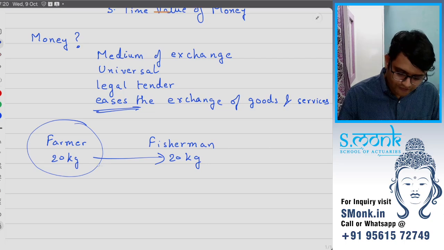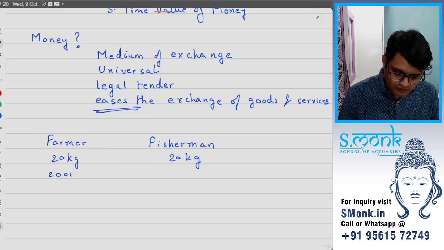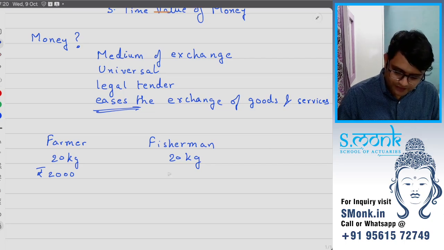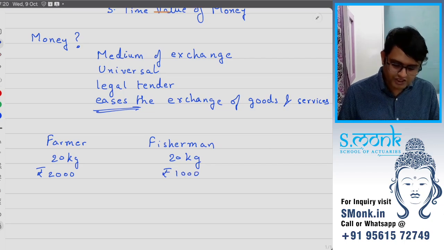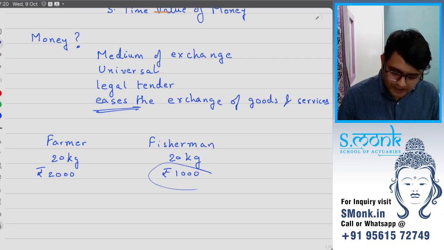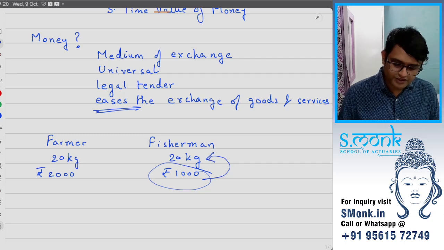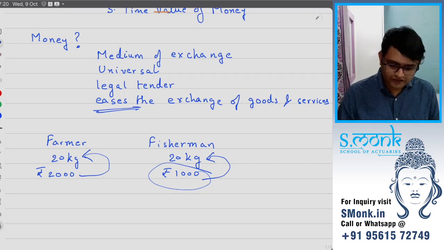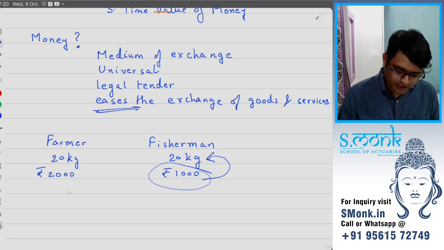So it is better if the farmer says that this 20 kg of wheat is worth, let's say, 2000 rupees, and the fisherman says this 20 kg of fish is worth 1000 rupees. Now what is happening is they are labeling how much their own goods are worth. So then it becomes very easy for them to exchange, even if they are not exchanging money.